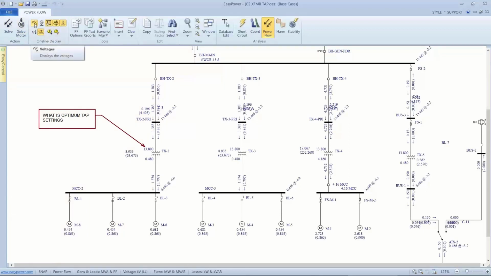If you look at the top row up here, I have the ability to turn on and off the voltage at each bus. And what we see is the voltage, this is the 13.8 kV bus, and during this particular operation, it's running at 13.46 with a power angle of negative 2.2.